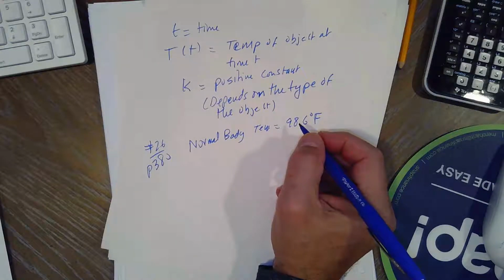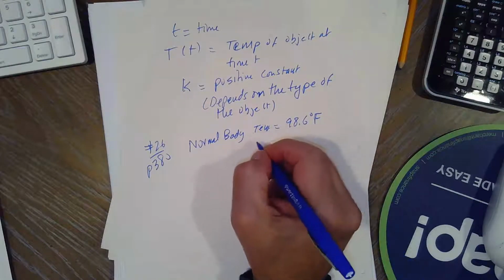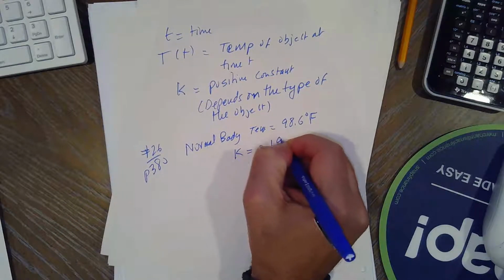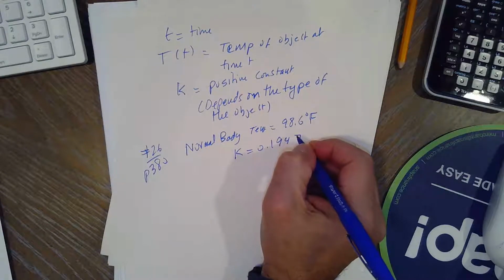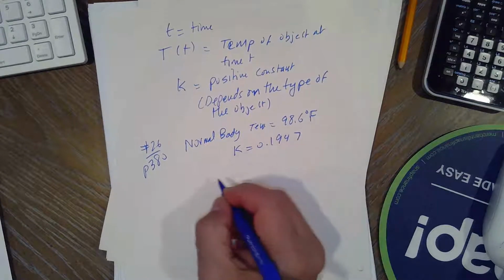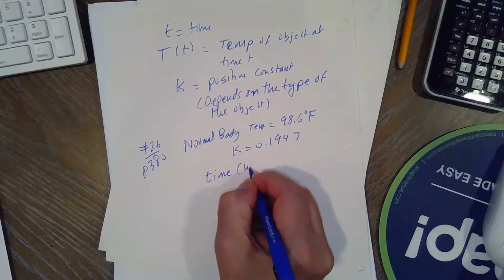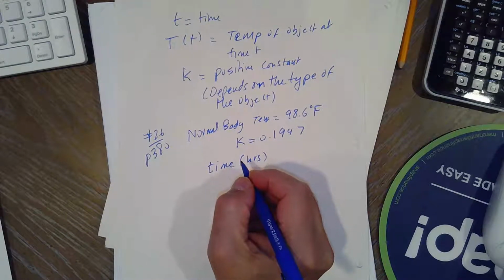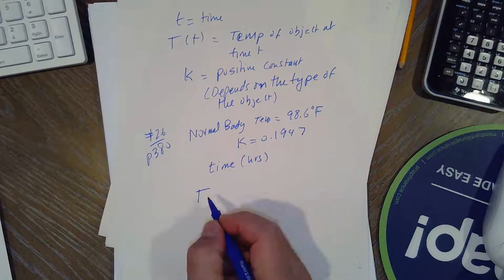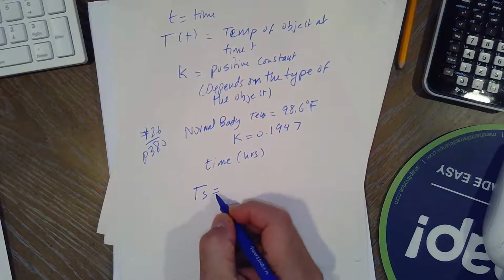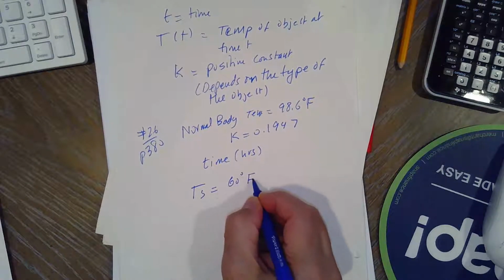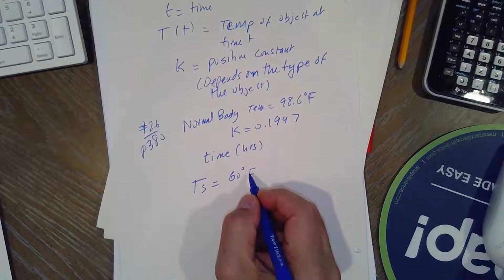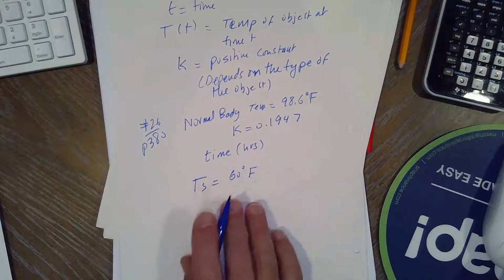It has been determined experimentally that the constant in Newton's law of cooling is given, so we don't have to worry about finding it for this problem. Assuming that time is measured in hours, suppose that the temperature of the surrounding is 60 degrees Fahrenheit. Find a function T of t that models the temperature t hours after death.